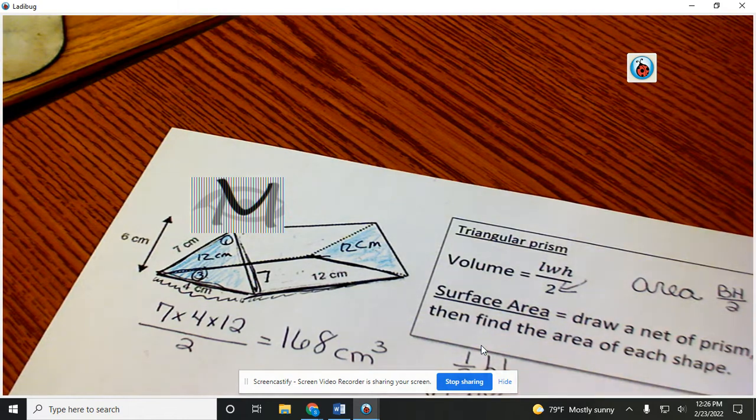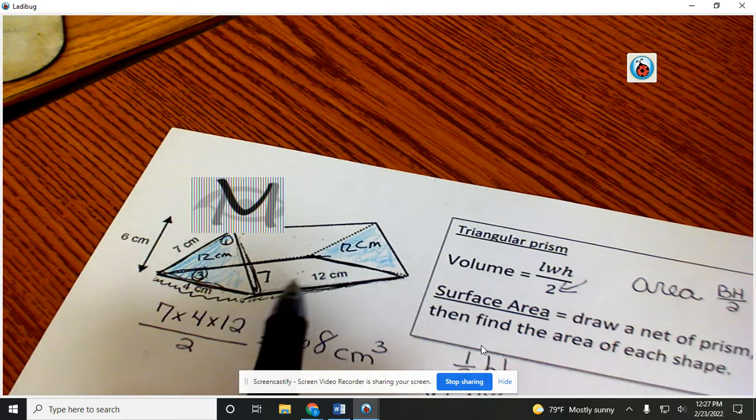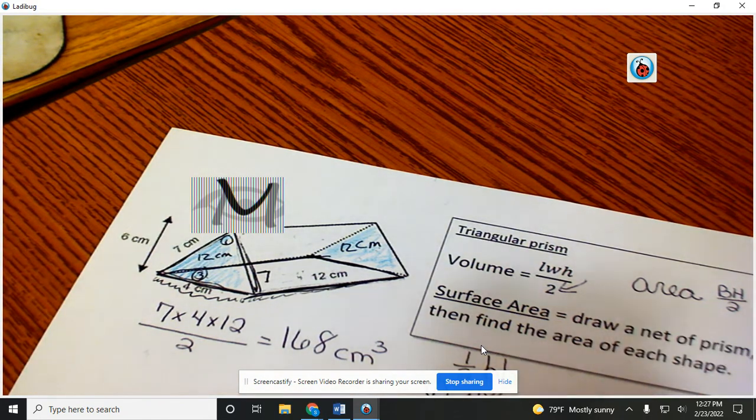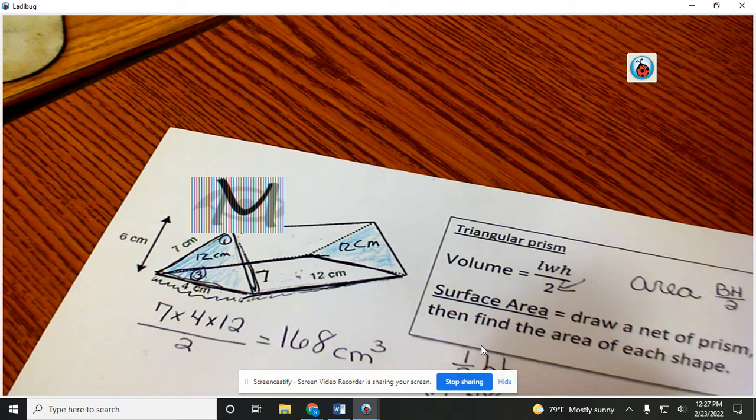It's after lunch, so my brain's a little bit crazy. 12 times 7 is 84. But there are 2 sides to it, because I have this side and then the opposite side on the back. So we're going to take that 84 and multiply it by 2. 84 times 2 is 168 centimeters. So I'm going to add that over here.